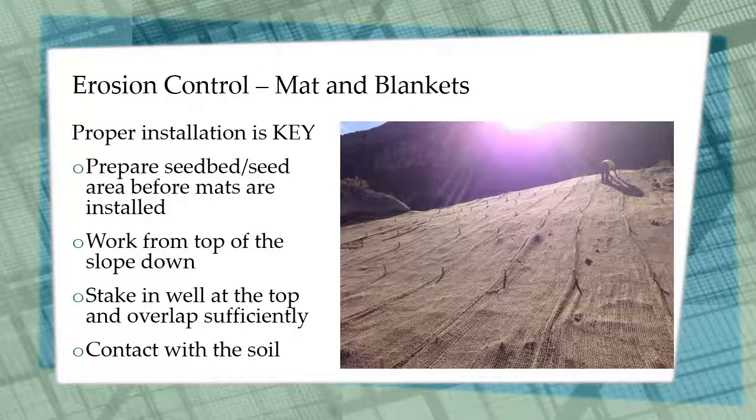And the most critical is that the mats need to have a really, really good contact with the soil. So the slopes need to be graded prior to the mats being placed. If there are holes or large lumps in the slopes, then wherever those are, is where soil erosion will take place.